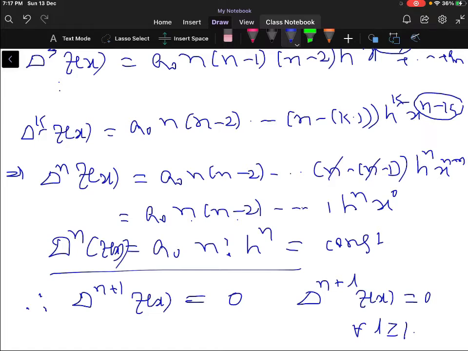Therefore, you can conclude that the nth forward difference of a nth degree polynomial is always constant, and higher order finite difference of a nth degree polynomial is always 0.